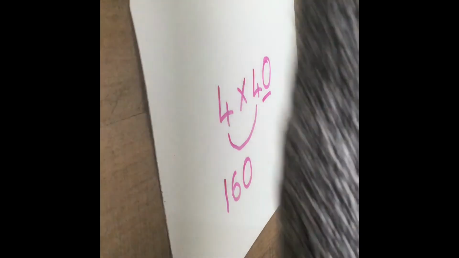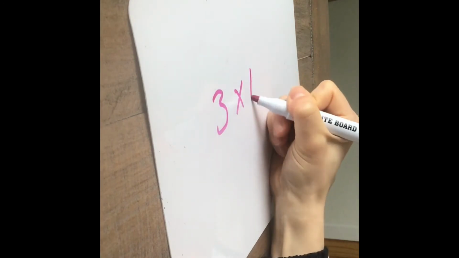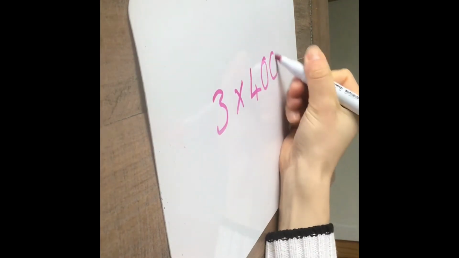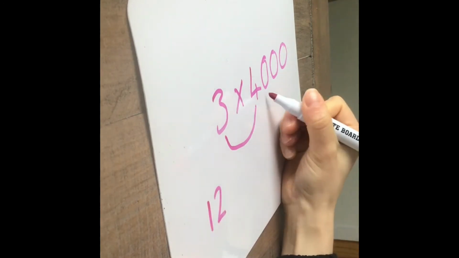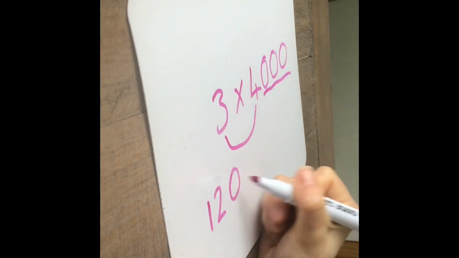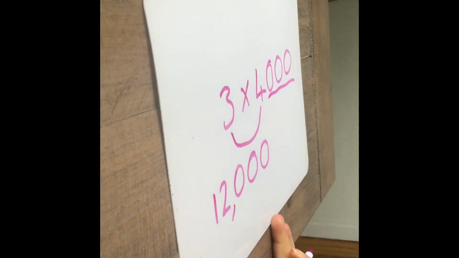I'll show you one with the thousands. So if we wanted to do, say, 3 times 4,000, 3 times 4 is 12. How many zeros have we got? 1, 2, 3. So the answer would be 12,000.